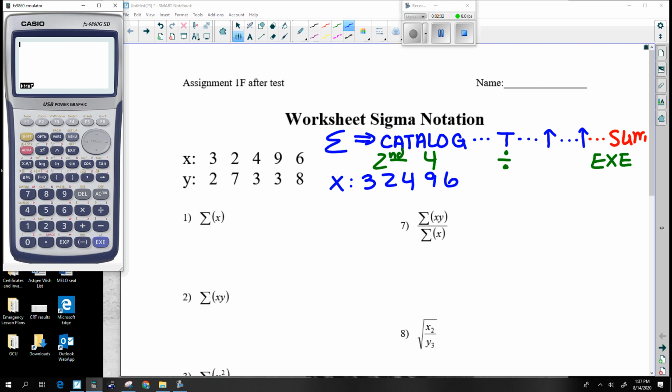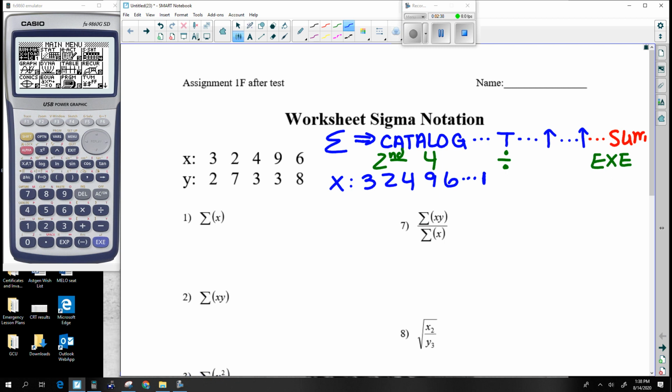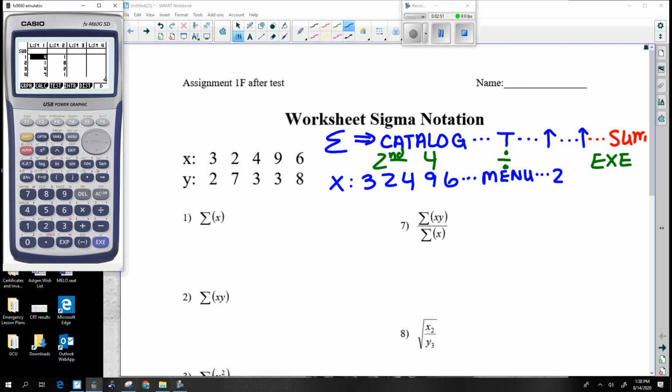So the stats screen, you go to menu, and the stats screen is that second column. You hit 2, or you just go over and you hit enter, and that brings in a screen. This is your stat screen. This is where you create your X and Y list.